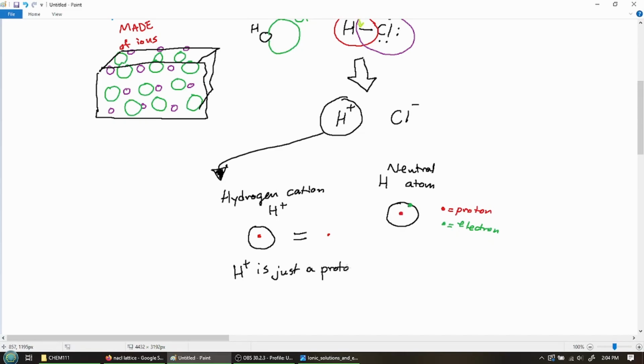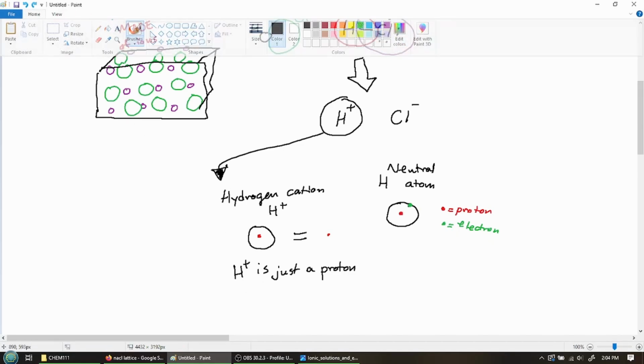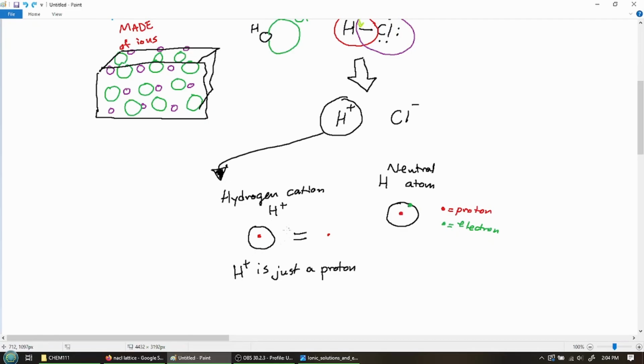And in fact, chemists have a tendency to just think of H plus as being a proton, because it is. It's nothing more than just a bare proton, not a protons. Okay, so as a result of that fact, we have a tendency to say that H plus is what we call a bare proton.